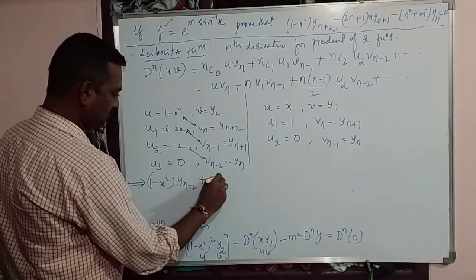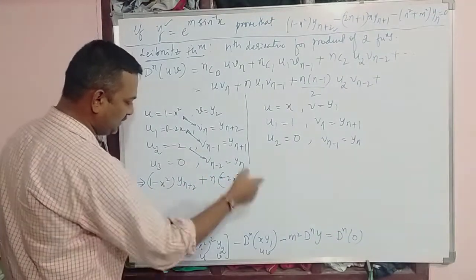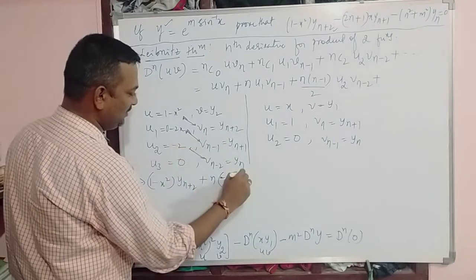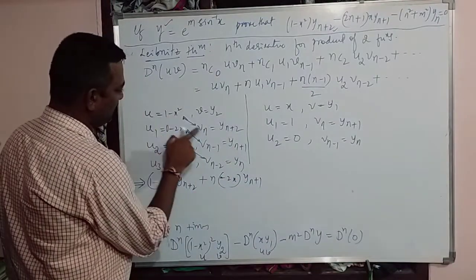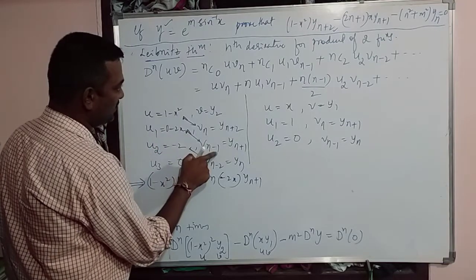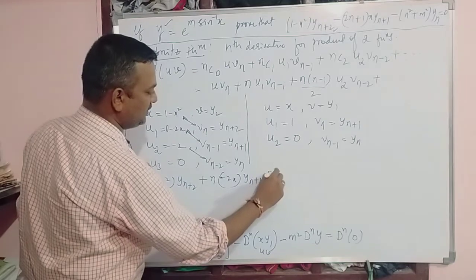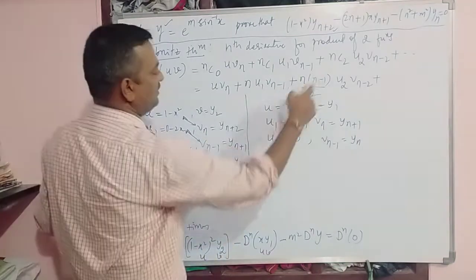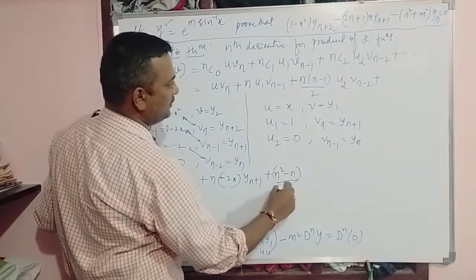Differentiation of 1 minus x square is minus 2x, decreased by 1, that is yn plus 1. Just multiply u into vn, u1 into vn minus 1, but you should write this coefficient. Plus this will become (n square minus n) divided by 2.